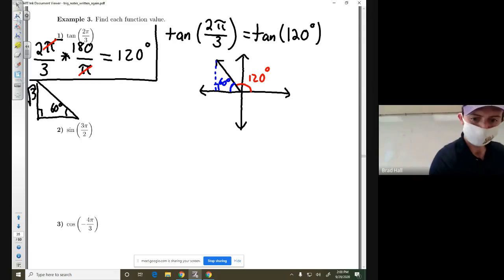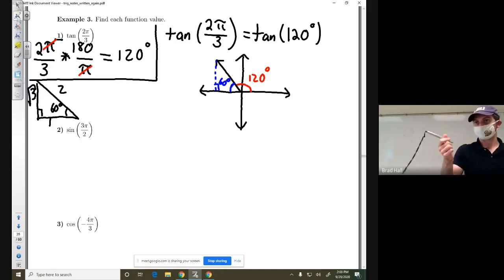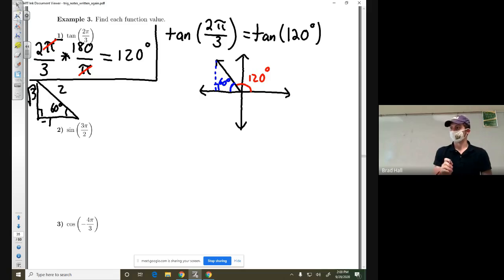Adjacent of 60 is 1, and the hypotenuse is 2, with one exception. What's the exception? -1. It's -1, because we went to the left. So we have to throw that part in there.